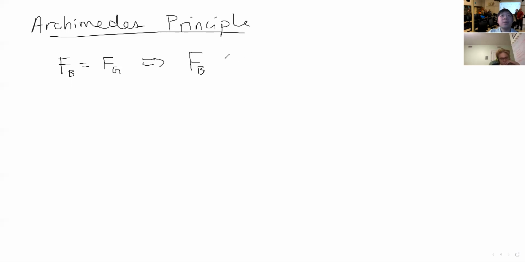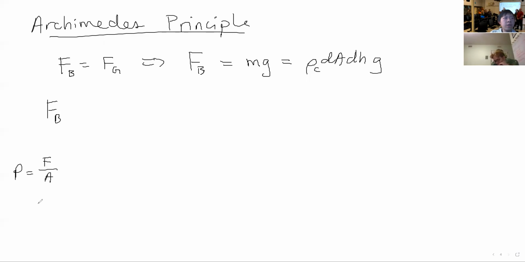Laser mirror, maybe. This is equal to mg, which is equal to rho dA dH times g, right? But then what is the buoyancy force? Well, the buoyancy force exists because of the pressure difference from the bottom and the top of the object, right? Because the pressure is equal to the force over the area, we can also say that the force exerted by the pressure at two different height levels is equal to the pressure times the area, right?